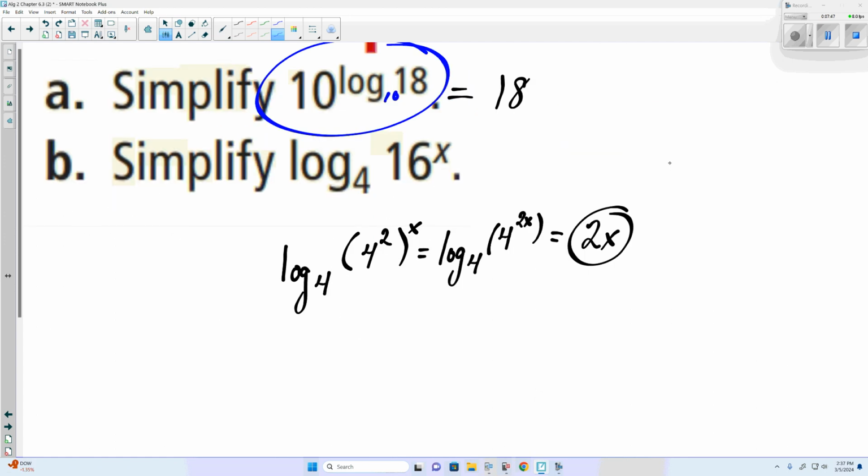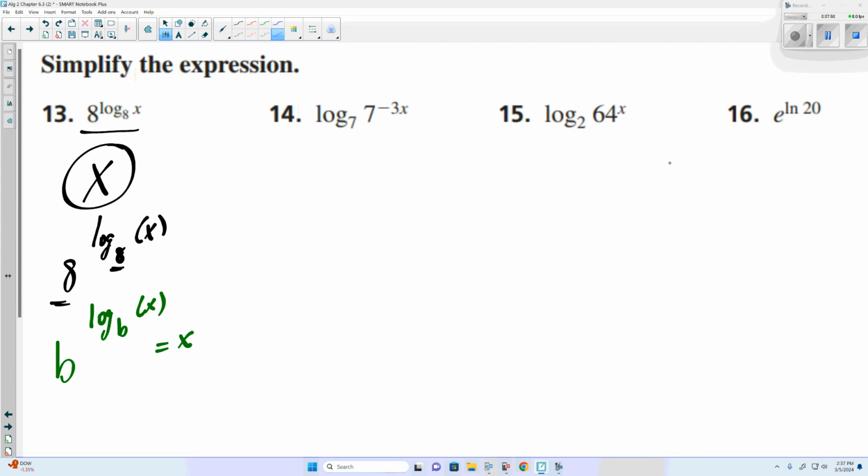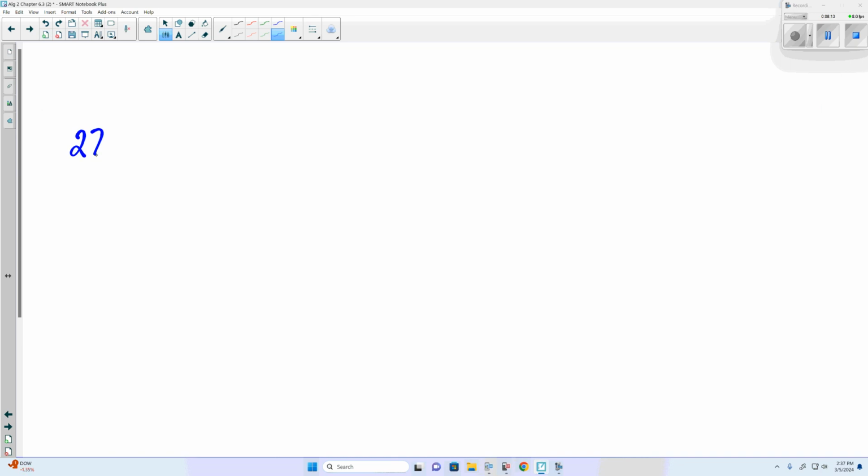So what's the base of the logarithm in 13? Because the base of our log is 8. What's the base we're putting the log to? Since they're the same, 27 to the log base 27 of 31 would be?